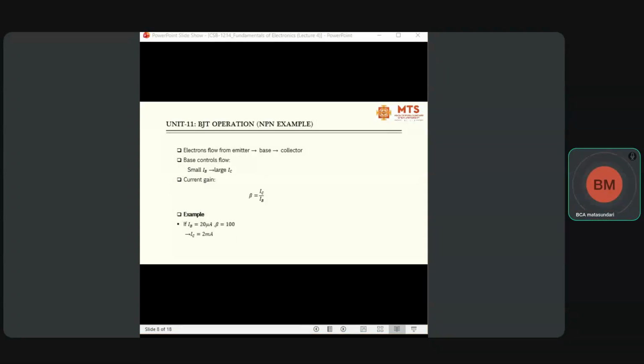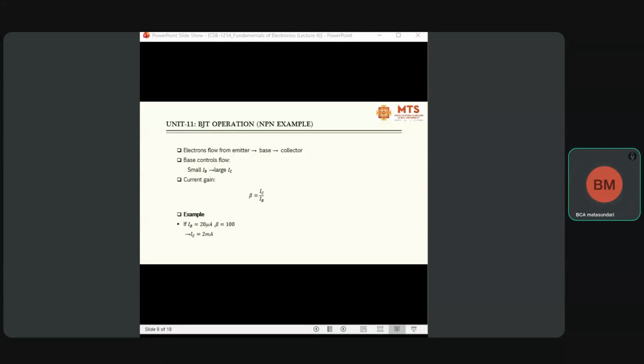So here, BJT operation with an NPN example: electrons flow from the emitter to the base, then to the collector. So the base controls the flow; a small IB leads to a large IC.